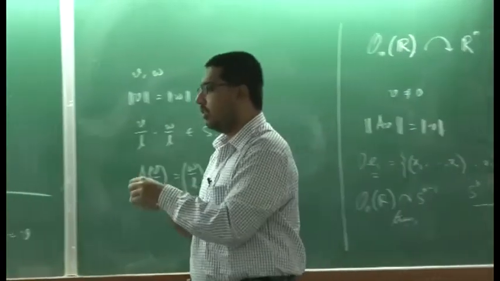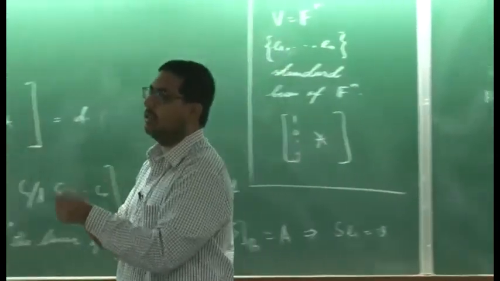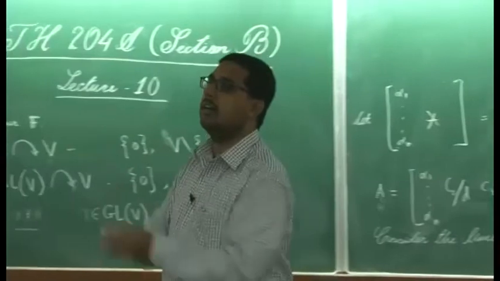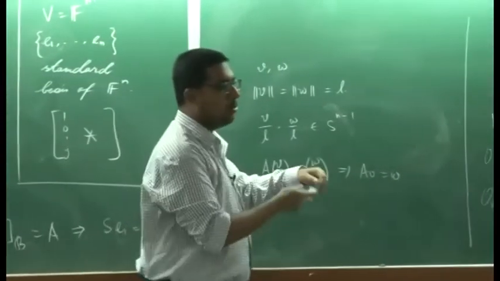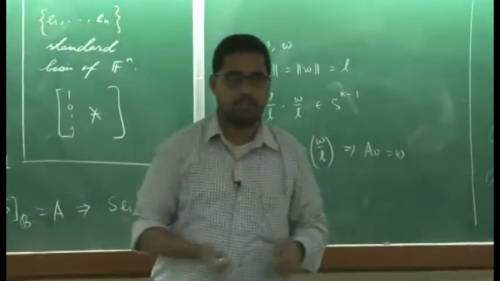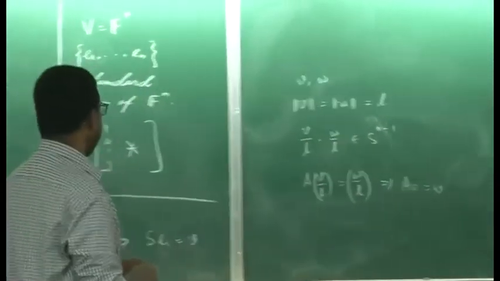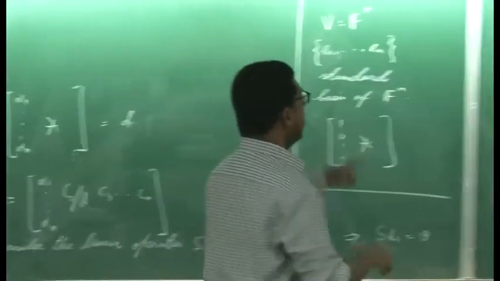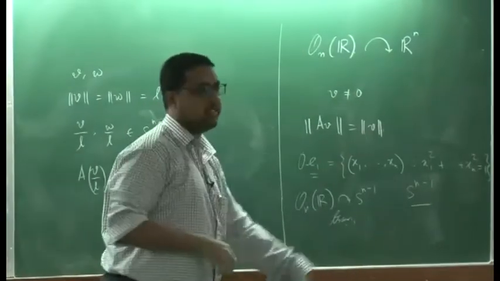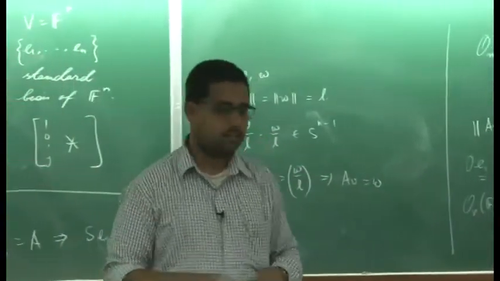A sphere centered at the origin with 0 radius is nothing but the point itself, the singleton origin. So under this action the orbits are the spheres.